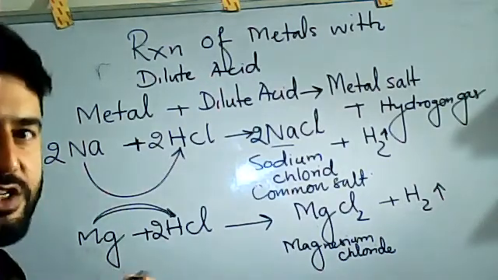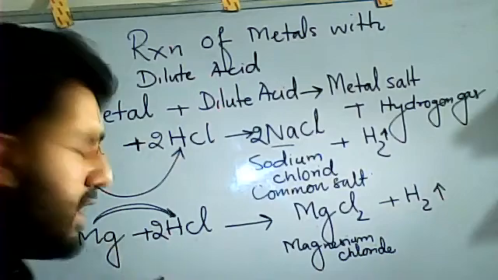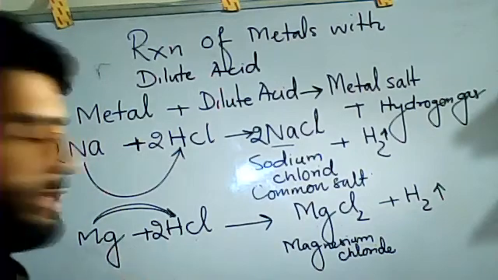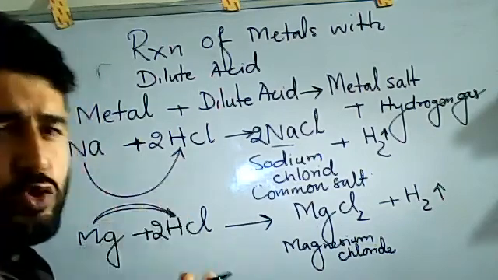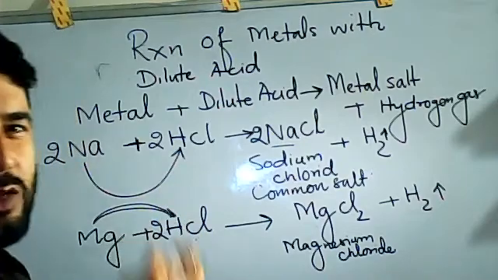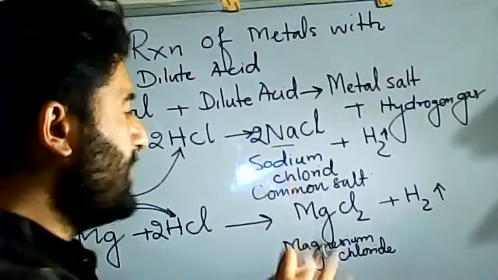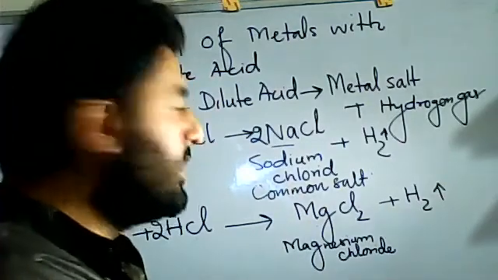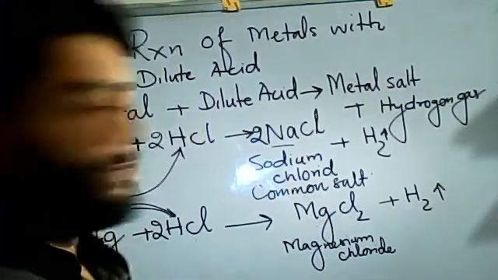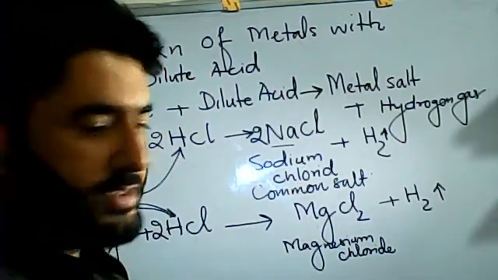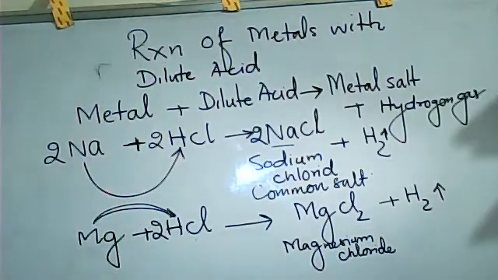So now we see that one atom of magnesium is reacting with two molecules of dilute hydrochloric acid to form a molecule of magnesium chloride and hydrogen gas. Okay, dear? So the reaction is likewise.